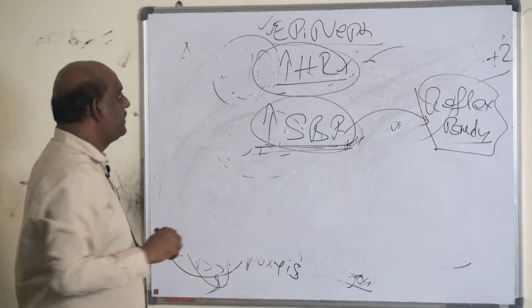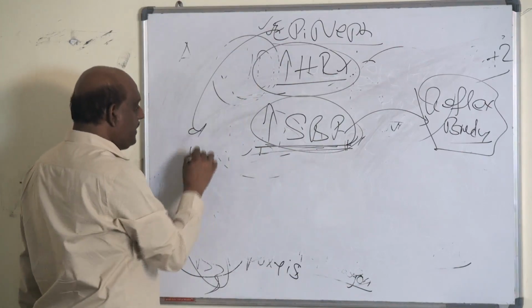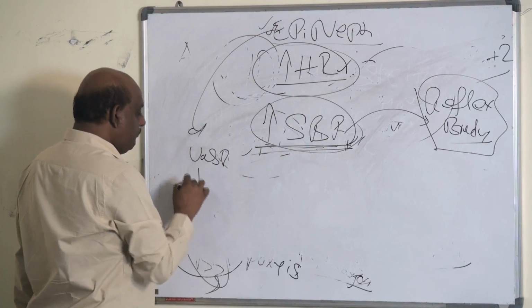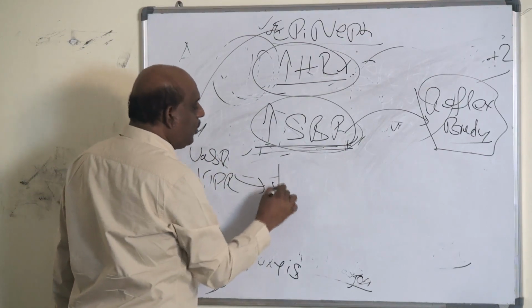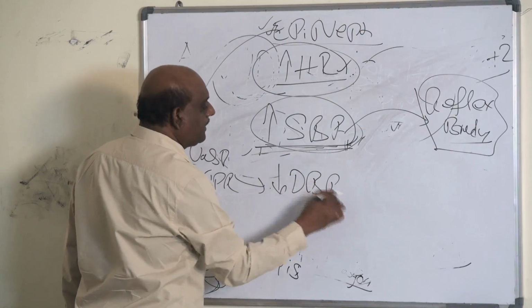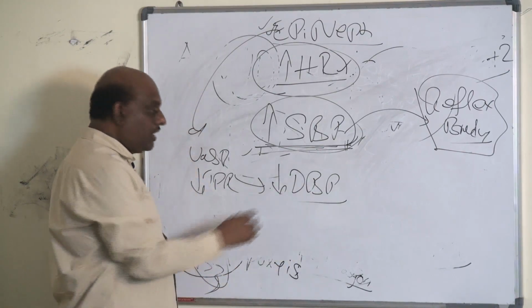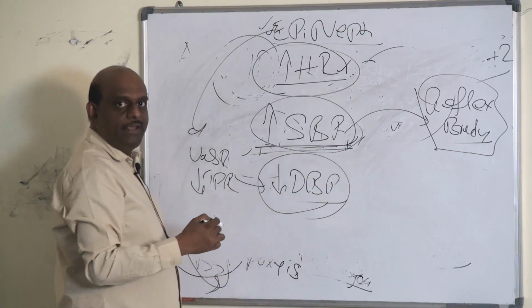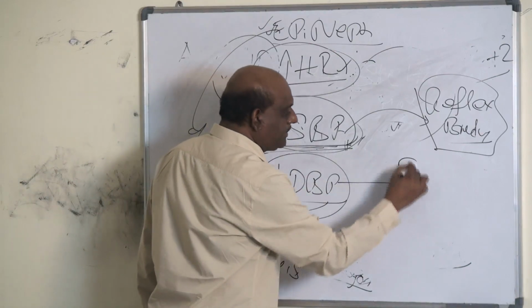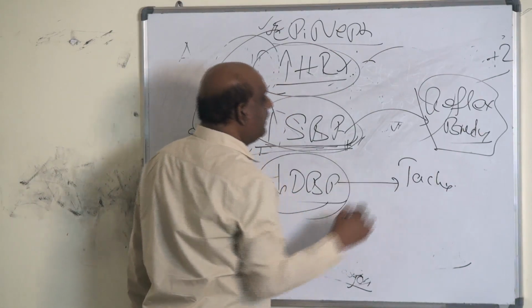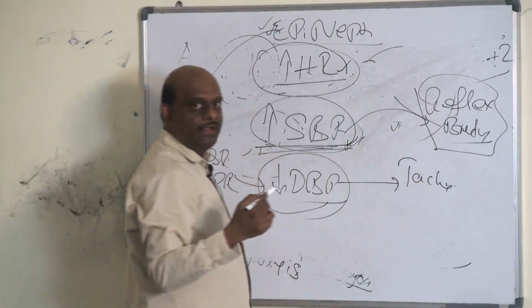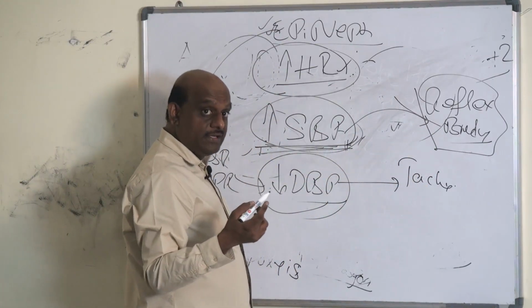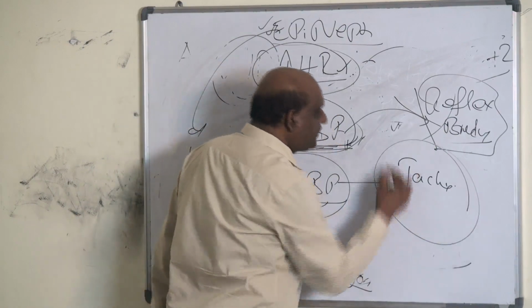But the point is, epinephrine is also causing vasodilatation, a fall of the total peripheral resistance, and leading to a fall in diastolic BP. And because of this fall in diastolic BP, there is a tachycardia. Because of the rise in systolic BP, there is a reflex bradycardia, but the overall effect is tachycardia.